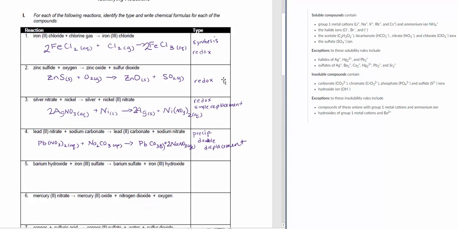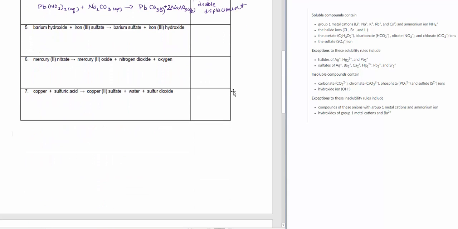Then number 5, we have barium hydroxide, which will be Ba(OH)2, and barium hydroxide is soluble, so that is aqueous. And we have iron 3 sulfate, so that's going to be Fe2(SO4)3. And I'm looking for sulfate.